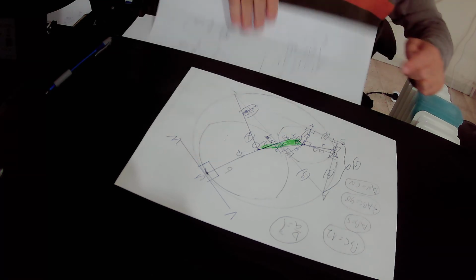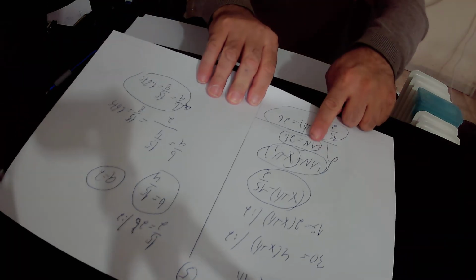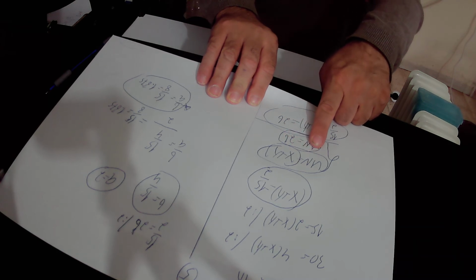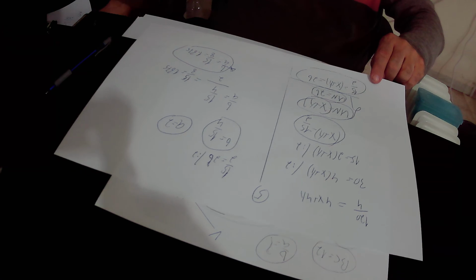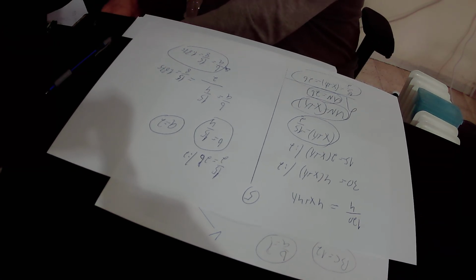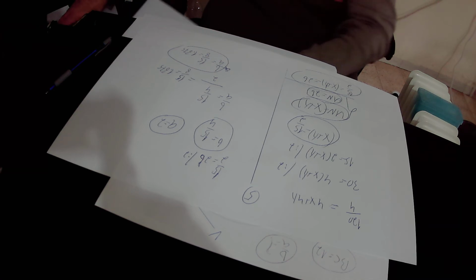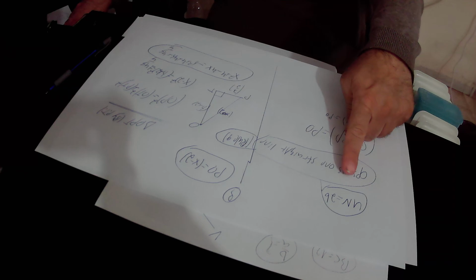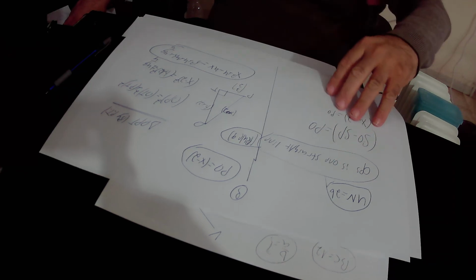So can I tell that UN equals x plus h? UN equals x plus h, and we already found out that UN is also equal to 2b.